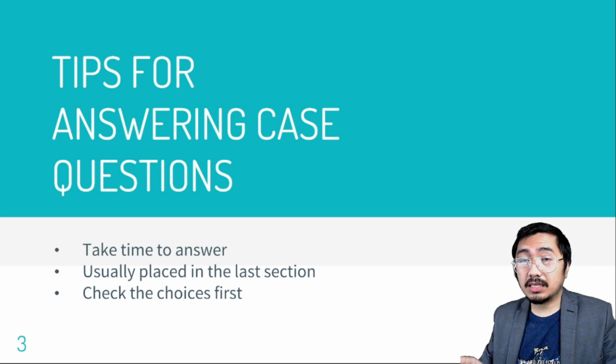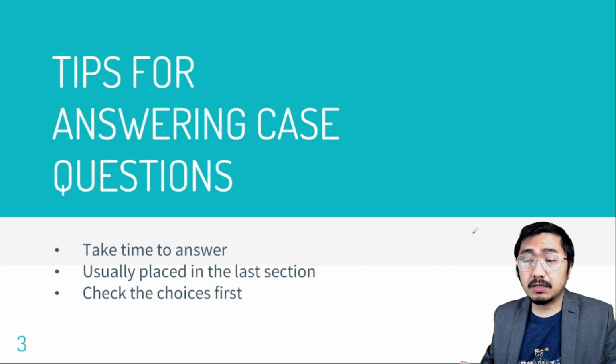So what are the things that you need to consider when answering these questions? As with any other difficult questions, and sometimes easy questions as well, you have to take time answering these, since it's placed in the last section and sometimes consists of lengthy scenarios. You answer this if you're done with the easy questions. That's how it works in the CPC exam, right?